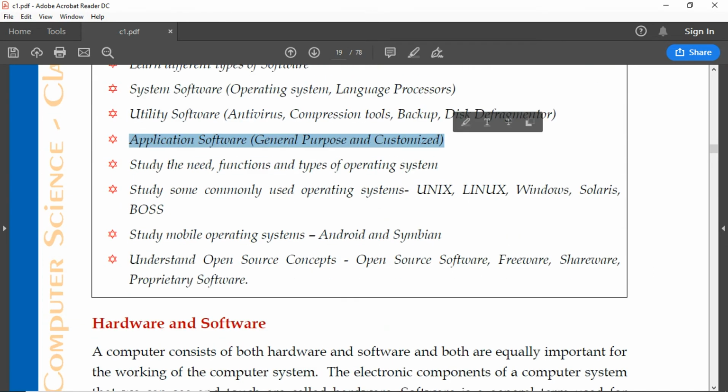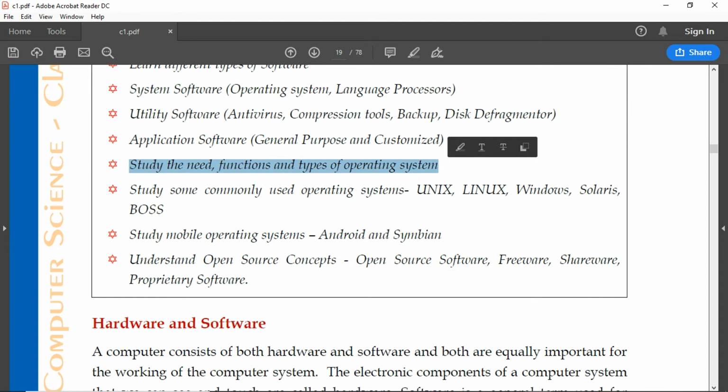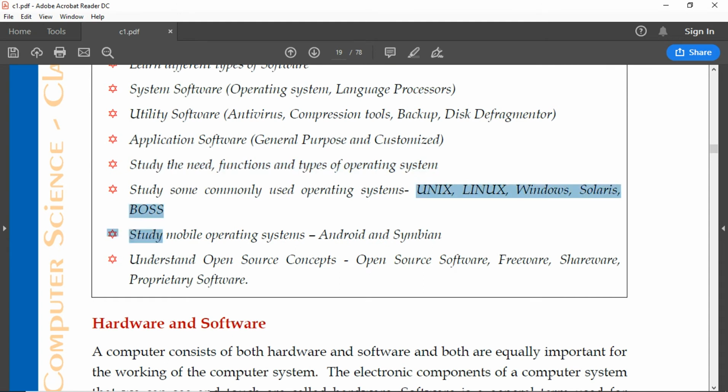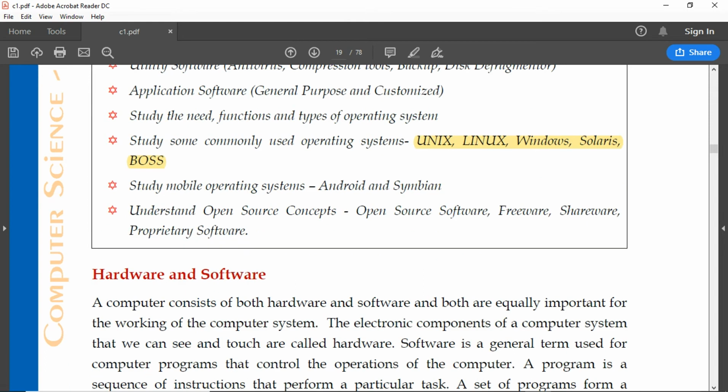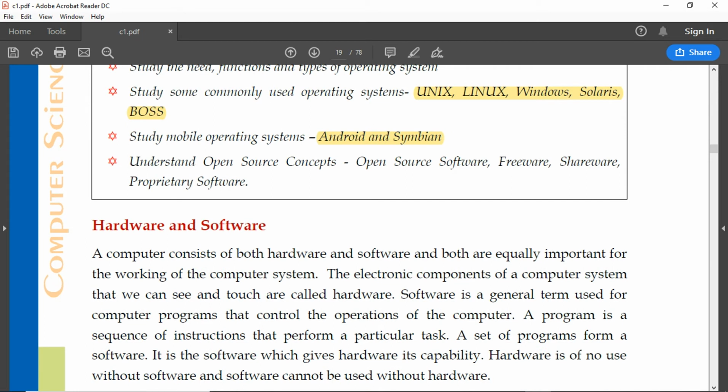Study the need, functions, and types of operating system. Study some commonly used operating systems: Unix, Linux, Windows, Solaris, VOS. Study mobile operating systems: Android and Symbian. Understand open source concepts, open source software, freeware, shareware, proprietary software.